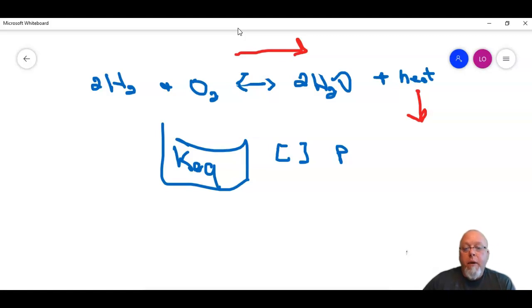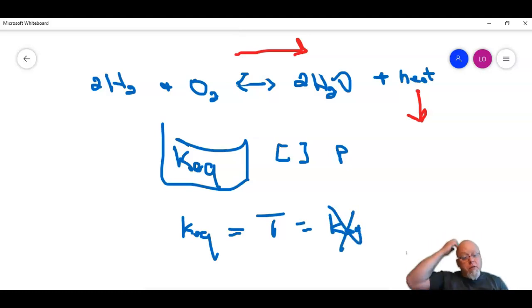But when it comes to temperature, it will change the KEQ. It will not be equal. So be careful with that. You need to know that pressure and concentration do not change our equilibrium constant, but temperature will change our equilibrium constant.